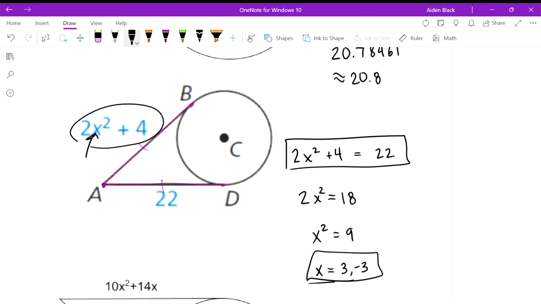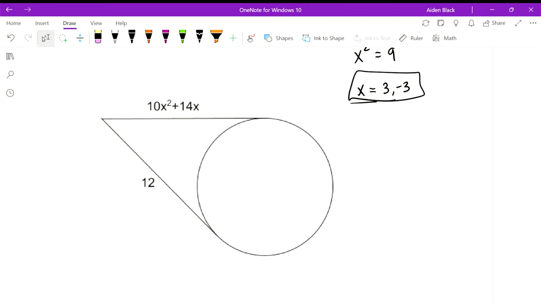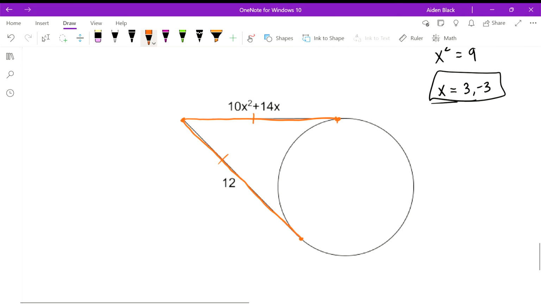So this is a sufficient answer. Our last one here, we have again the 2 tangent segment theorem, which states that these are congruent, and since they're congruent, we can set the expressions that represent them to be equal to each other.